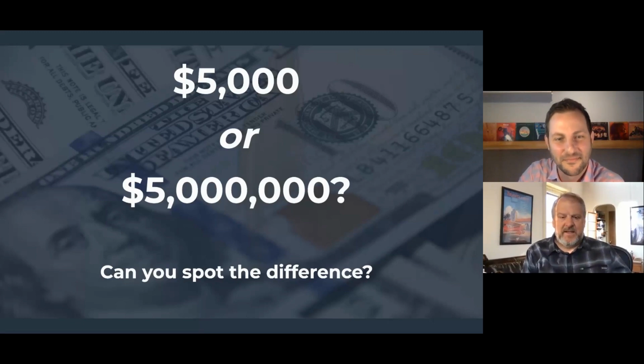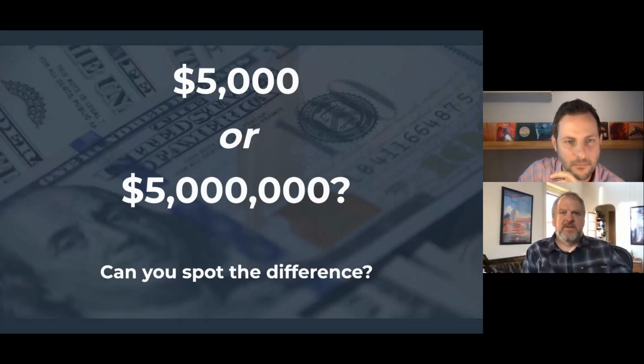And can you spot the difference? When you look at an opportunity, are you looking at it going, this is a $5,000 quote, or this is the start of a $5 million relationship? You've got to get into that mindset, and you've got to teach your team, and nurture your team into getting them to look at this and think about it.